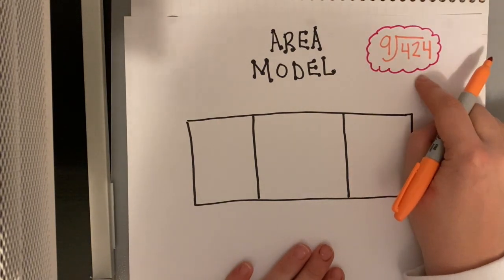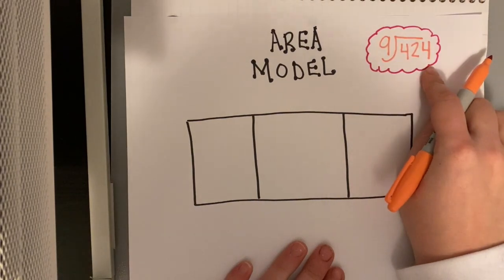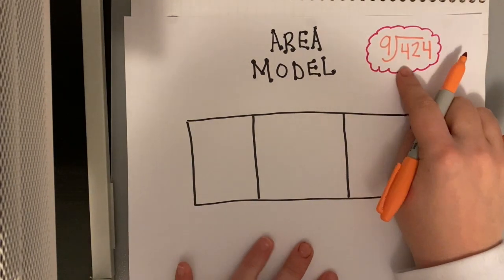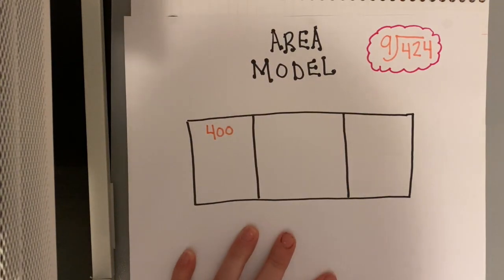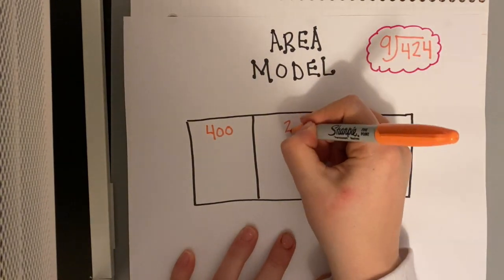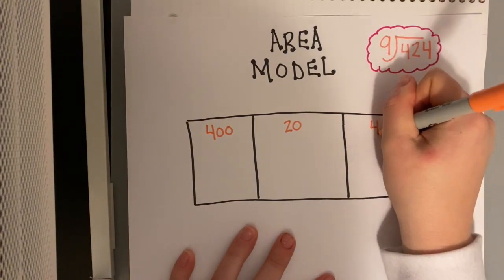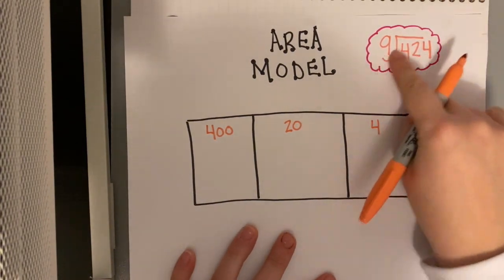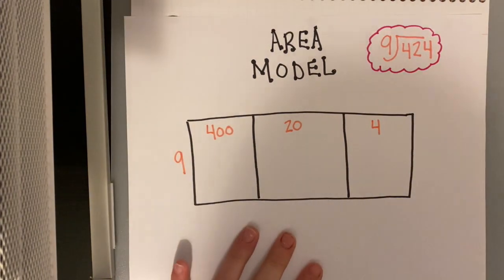I'm going to do the exact same thing I did in the prior two examples. I'm going to split this number up into its place value. So 4 actually equals 400, 2 actually equals 20, and 4 equals 4. Then I'm going to take my 9 and put it on this side of my square.